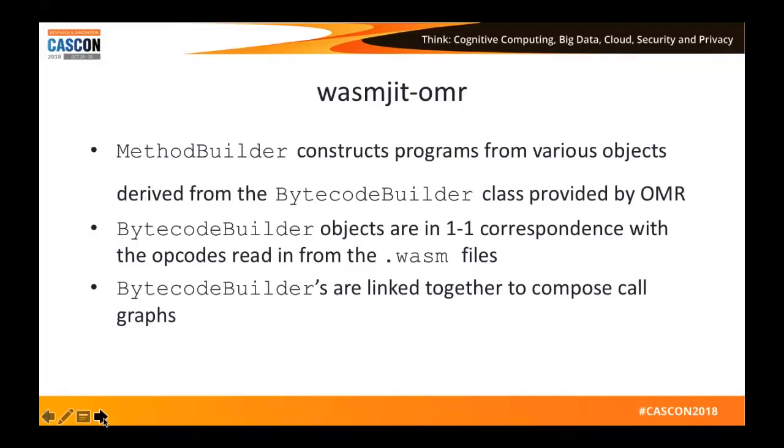So bytecode builder is another class that OMR provides to facilitate the navigation of the call graph as it's being built. It's in a very nice, clean, one-to-one correspondence with what those opcodes are. So that's quite easy to approach and understand if you're just a complete rote beginner like I was months ago.